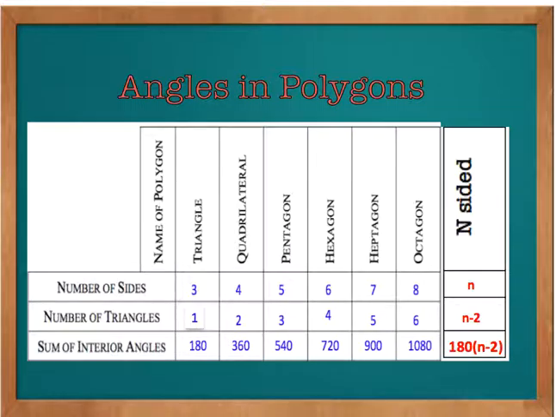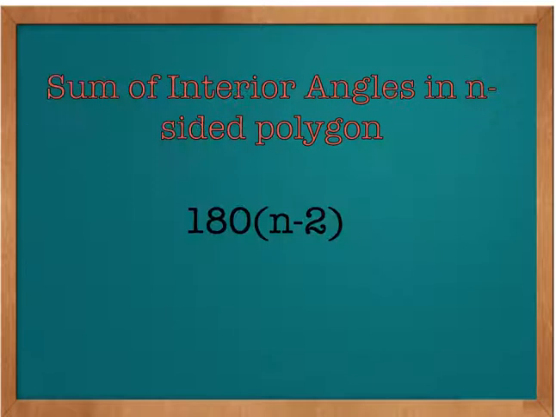So if we multiply n minus 2 by 180 degrees, we can get the sum of interior angles for an n-sided polygon. So now we can finalize the formula for the sum of interior angles that can be used for any given polygon with any number of sides. Keep this formula in mind because you will be using it in your practice.